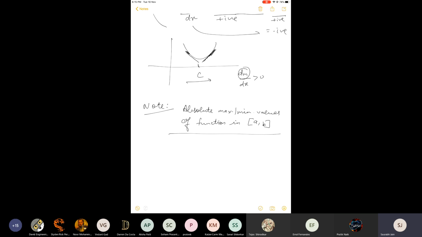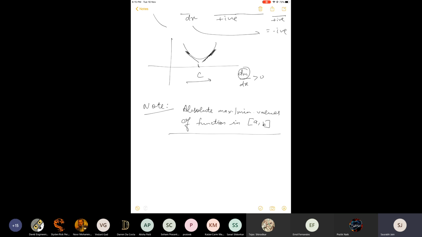You know what is the difference between local and absolute? I told you. Local means in a particular region, and absolute means throughout the interval. The deciding factor is interval here.